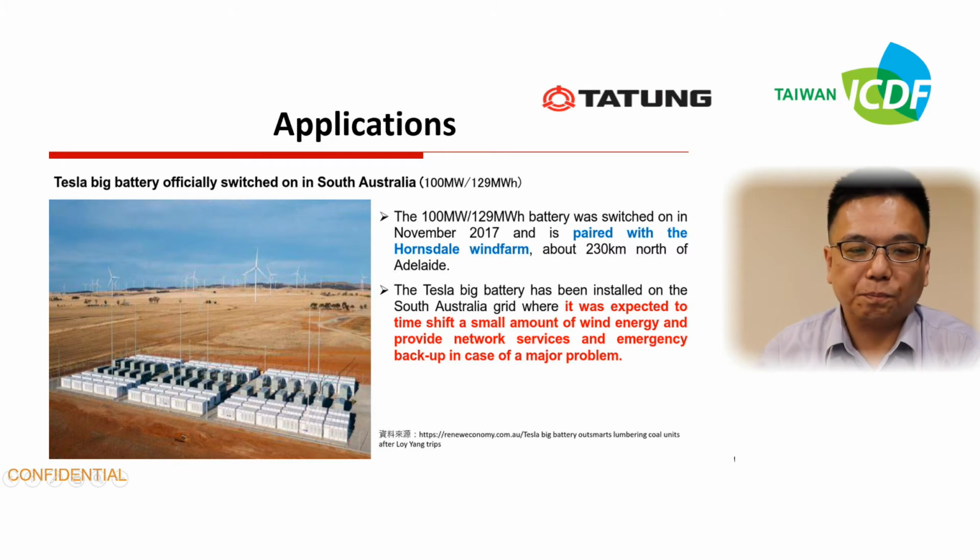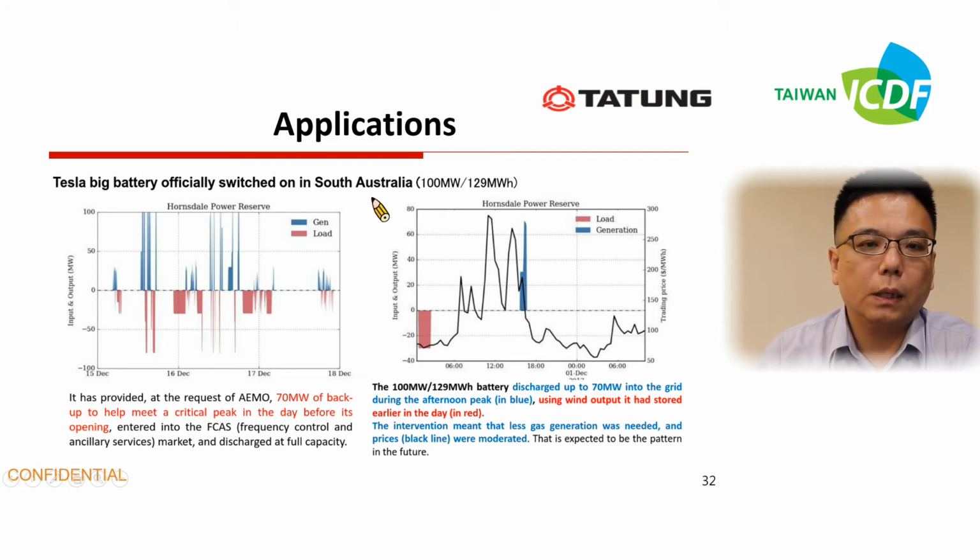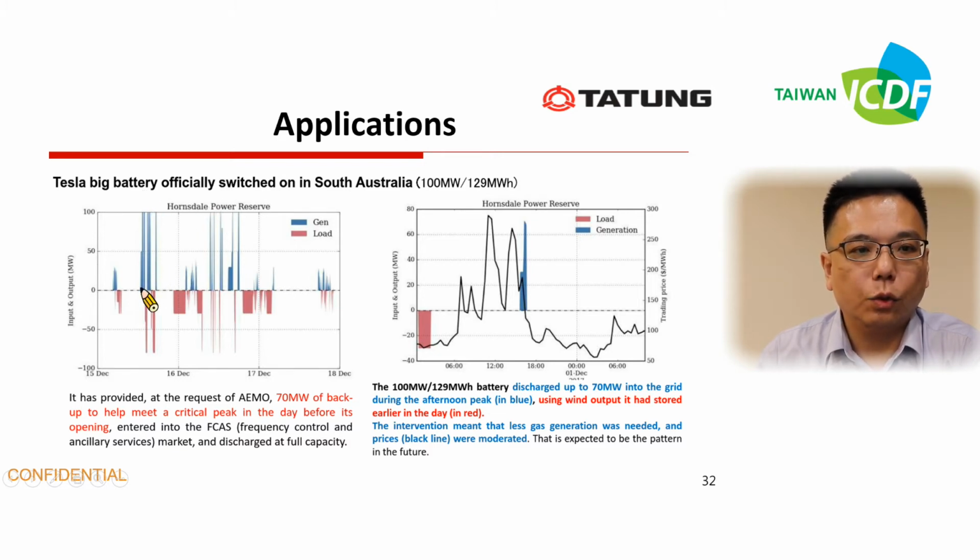You can see in this page, in the initial purpose, the Australian government hoped the Tesla big battery system could supply the time shift. You can see the blue line is the power generation by the wind turbine, and the red line is the load usage.